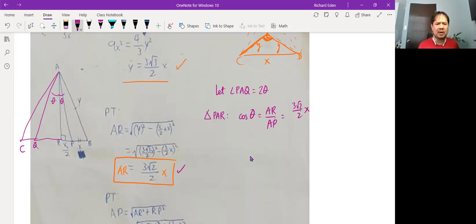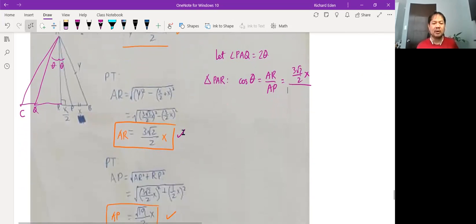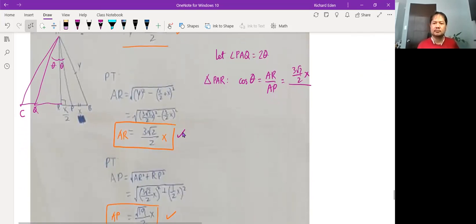Wait, did you have AP? You do have it here. Great, AP is square root of 19 over 2. So this is going to give us 3 square root of 2 over square root of 19.